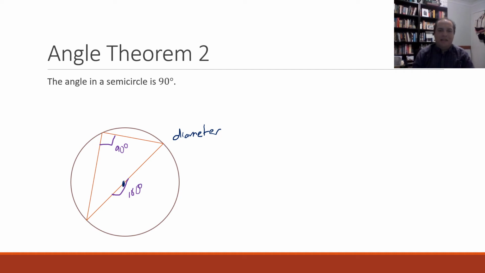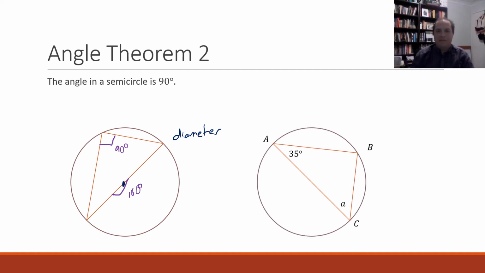All right, using that in an example, let's say we've got a bunch of angles here and we have to work out A. We know that the angle ABC equals 90 degrees, and we know that because, like we just showed, the angle in a semicircle is 90 degrees.